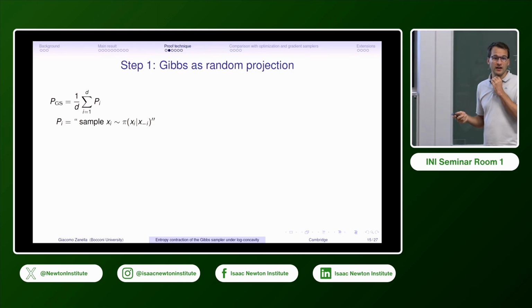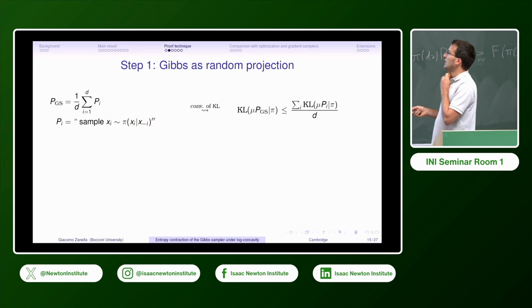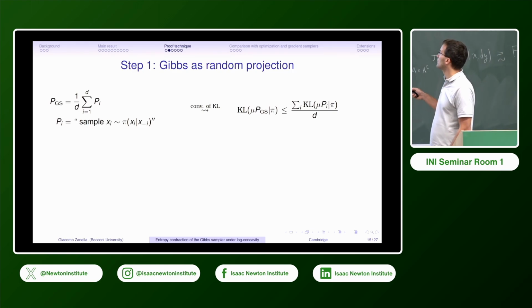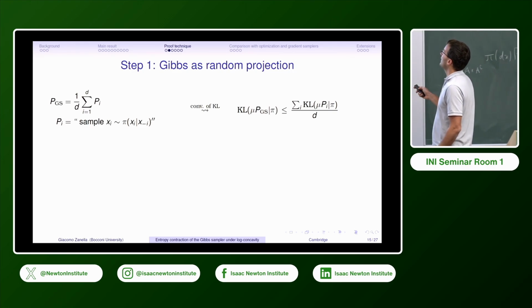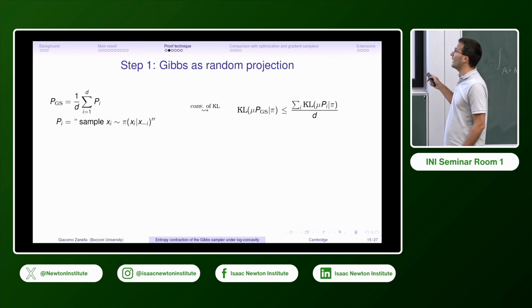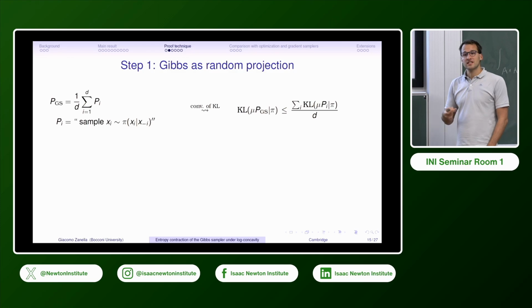Being an average of kernels, by Jensen, or by convexity of the KL, the entropy contraction will be bounded by the average of the entropy contractions. So the first step is just to use this upper bound. And here, what we need to control is the average of the decrease in relative entropy when we apply one of these kernels.